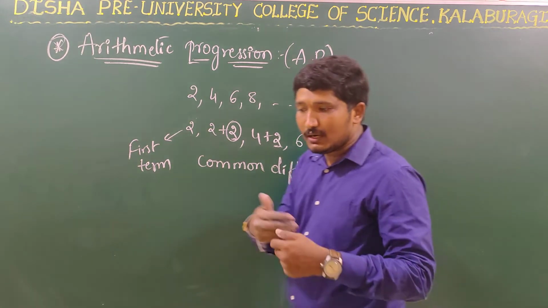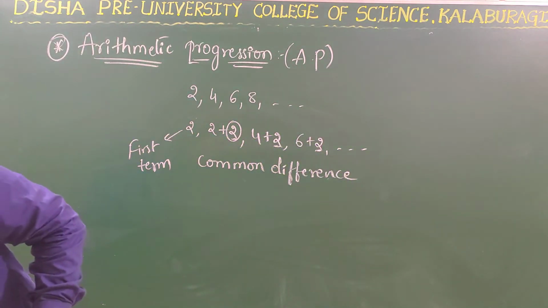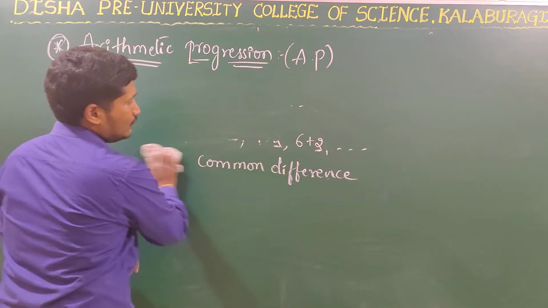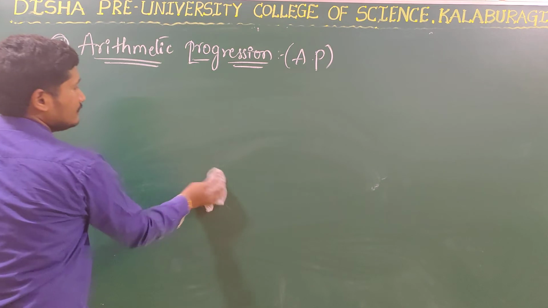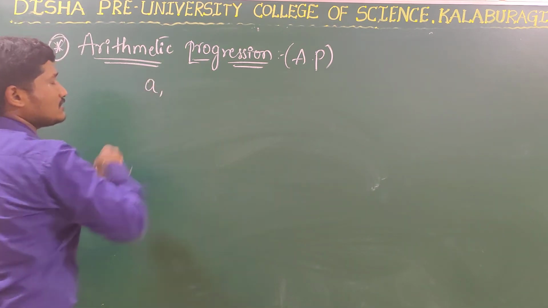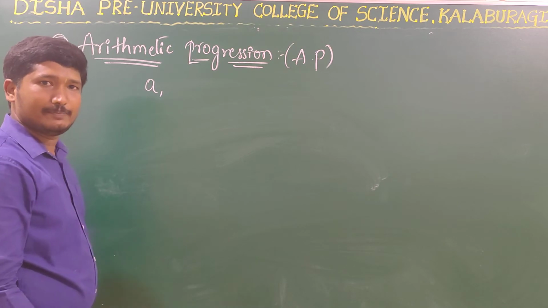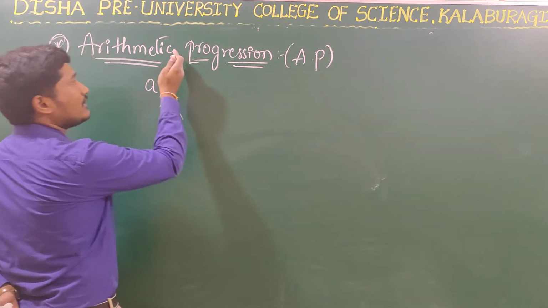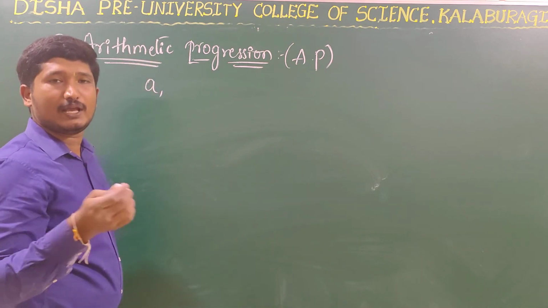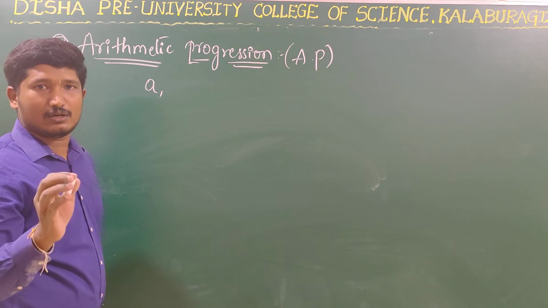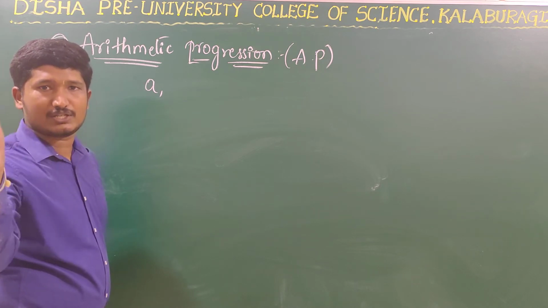So how do we generally represent the arithmetic progression? That is, what is the standard form of arithmetic progression? You already know that. Let us take the first term as A, right? The next terms of the arithmetic progression will be obtained by adding the constant term or fixed number to each term.